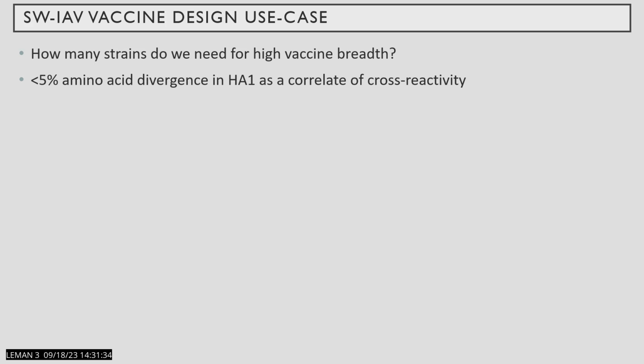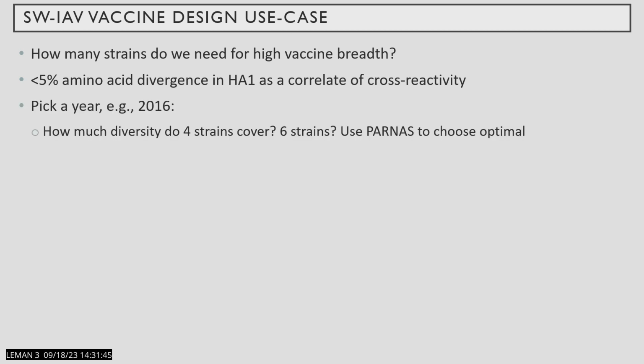So often, if you have 2 strains and there's less than 5% divergence between them in the HA1, then probably vaccinating against one will protect against the other. And then we pick a year, let's say 2016. We look at the surveillance data that we had in that year, and then we ask how much diversity can we cover using 4 strains, 6 strains, and so on.